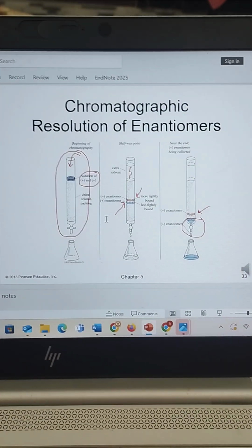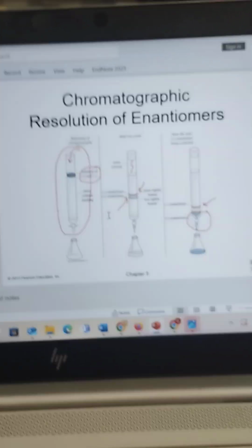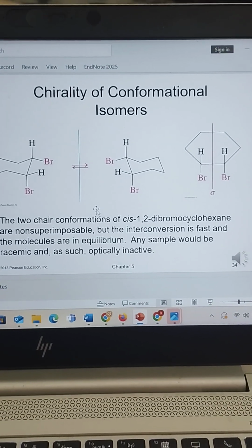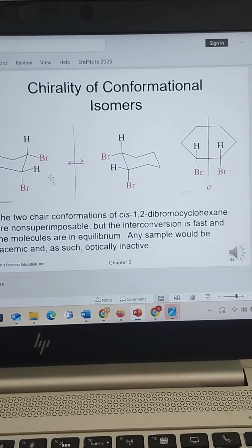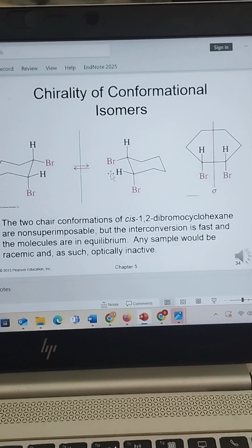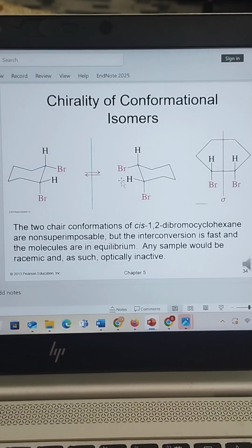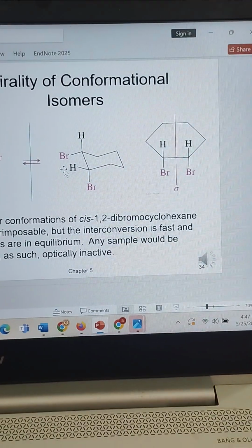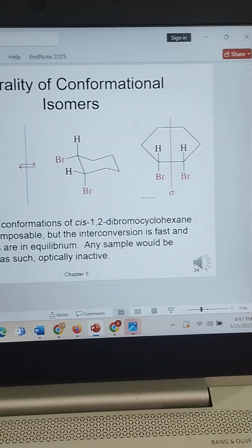This is simply a chromatographic technique to separate the enantiomers, called resolution. So about the chair conformation: any molecule in the chair conformation cannot be chiral, because it does not have any plane of symmetry. A simple molecule like this has a plane of symmetry.